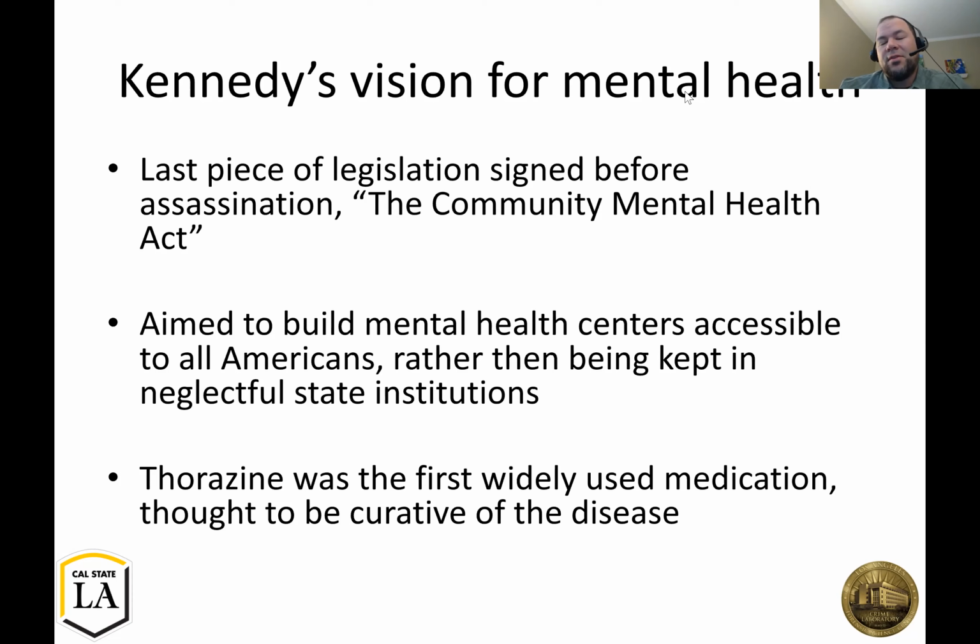Police officers have to get calls and interact with individuals who really don't need to be interacting with a police officer. They should probably be interacting with a mental health expert, right? So there are definitely some issues with our mental health system currently as it stands. It's kind of an interesting history lesson there.